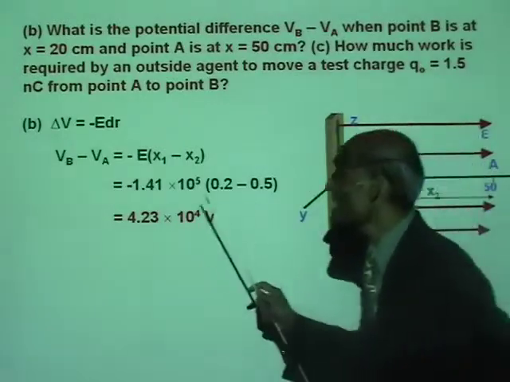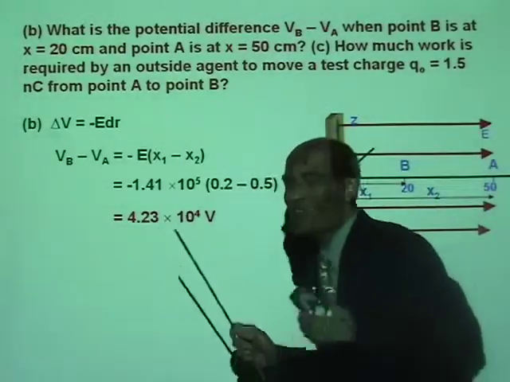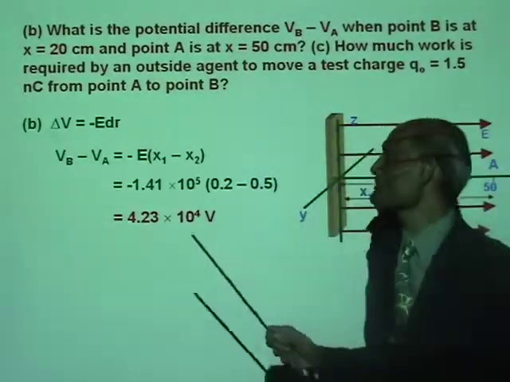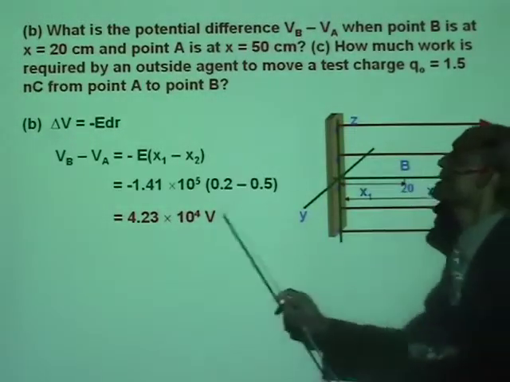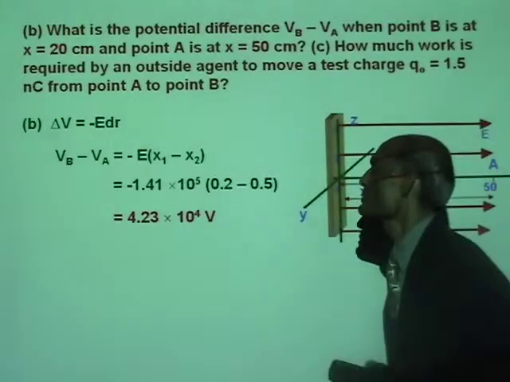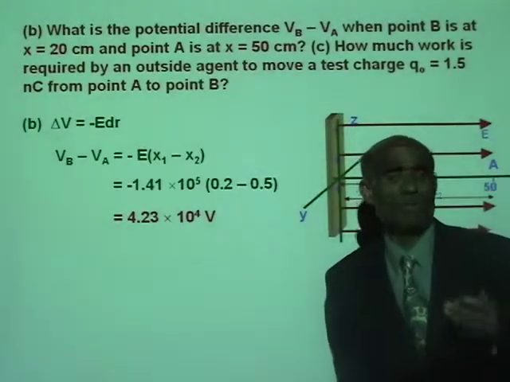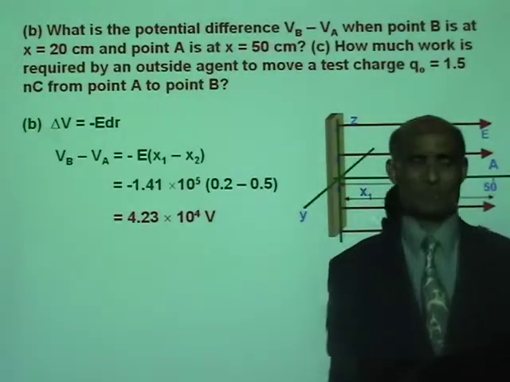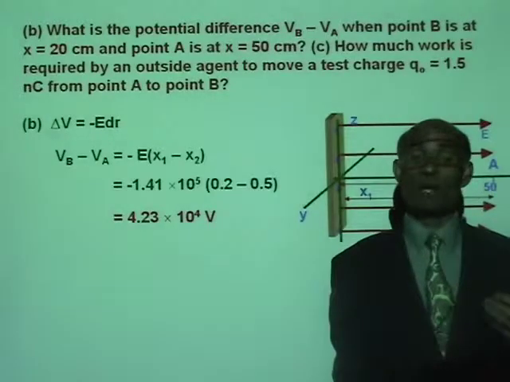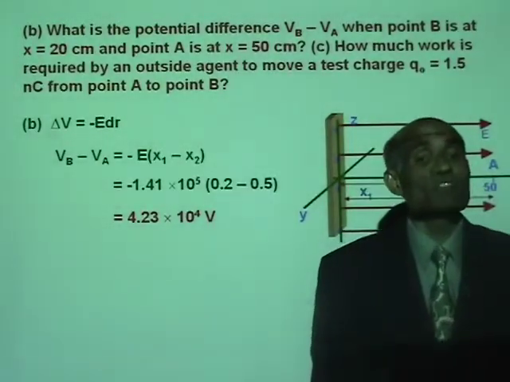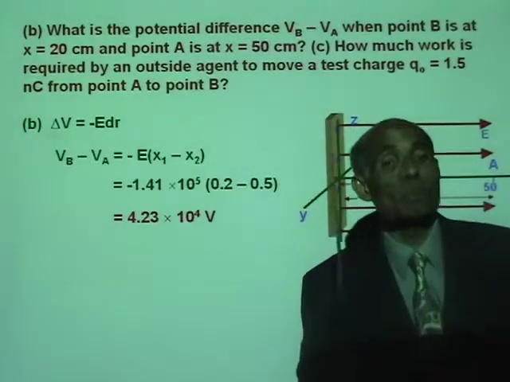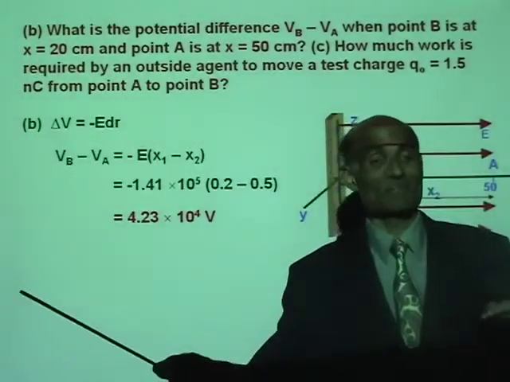Give me an explanation of this. What does this mean to you? When we say the potential difference between A and B is 4.23 times 10 to the 4 volt, what does it mean to you? Remember, potential difference or potential is a measure of the work done per unit charge.